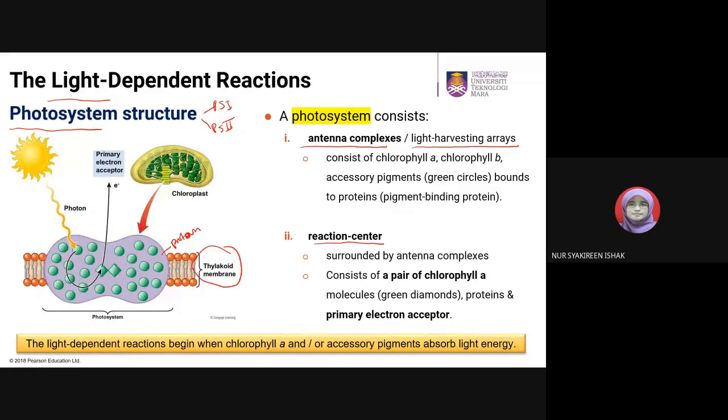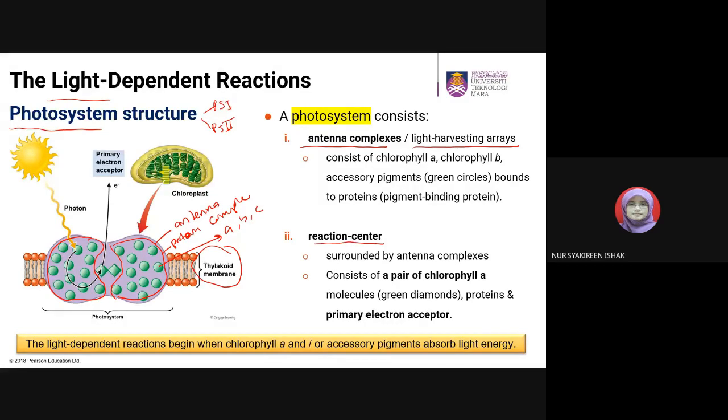Okay, so bahagian ni kalau tengok, this is the region we call the antenna complex, yang saya merahkan ni. So within the antenna complex, the green circles represent chlorophyll A, chlorophyll B, and also carotenoids.